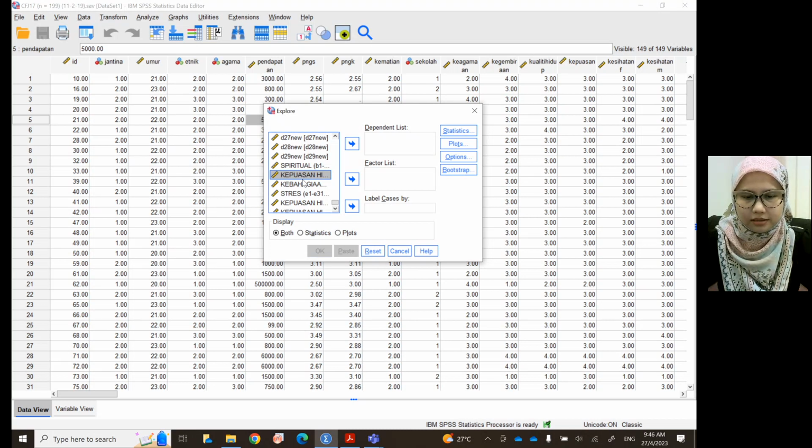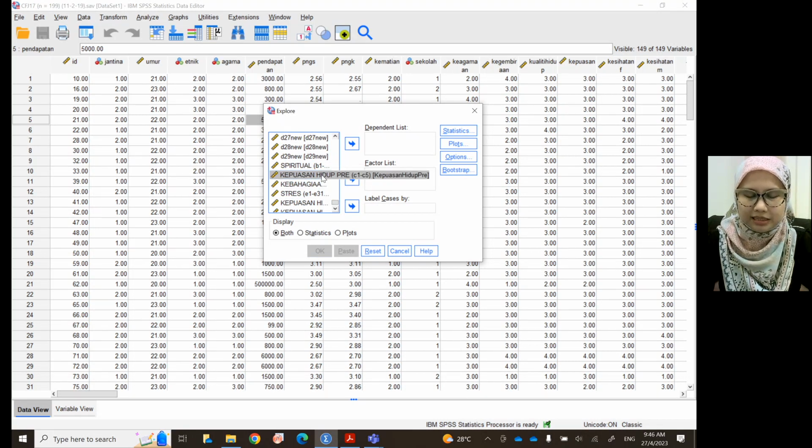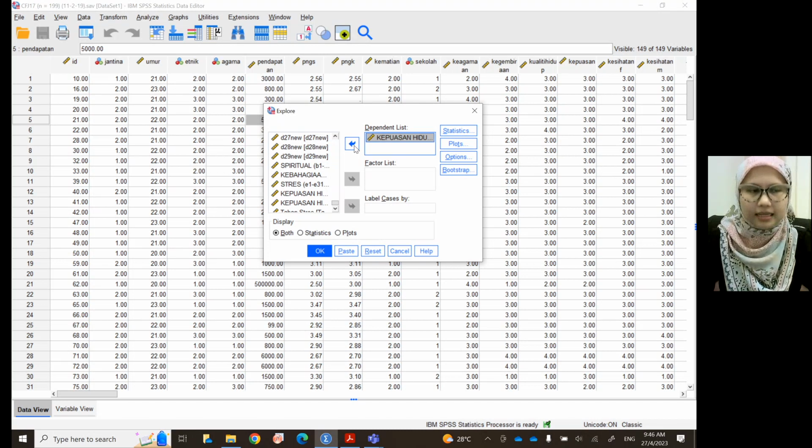Otherwise, you just go back to our previous video. The computed data, you can see, is on this list. So for this case, I try to use a variable, namely kepuasan hidup, and I insert it under the dependent list. I want to know whether this data is normally distributed or not.